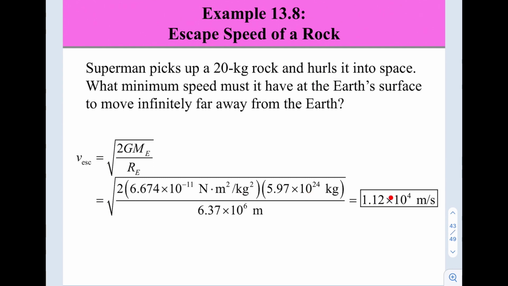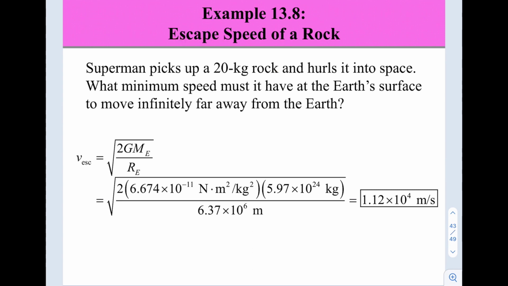You will get 1.12 times 10 to the power of 4 meter per second. This is a very big amount, isn't it? It's very hard to reach. You need to move this many meters within a second. Then this rock will surely soar off, not to return to the Earth anymore.